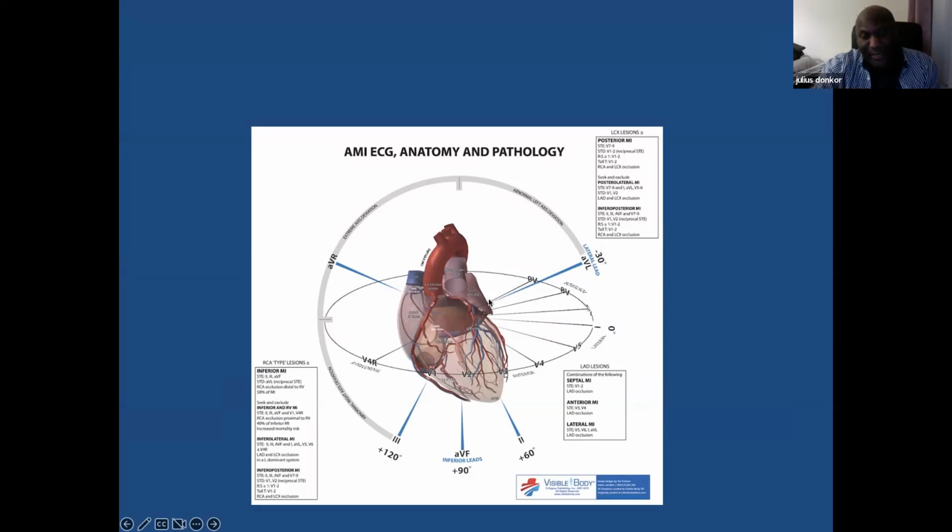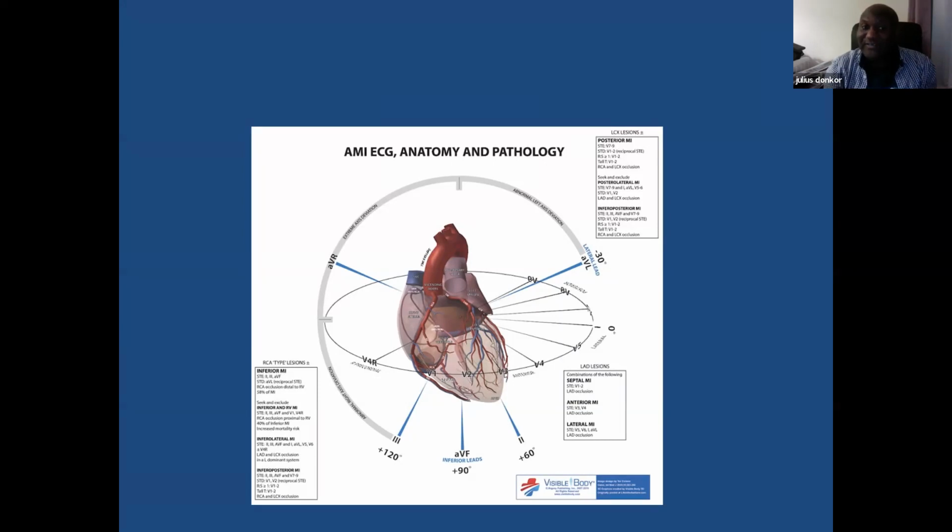And your circumflex and your RCA fight for dominance. Most people tend to be more RCA dominant, about 70% of people. So you might have your posterior descending artery, your PDA, which extends back all the way through the posterior portion, and it fights for dominance.